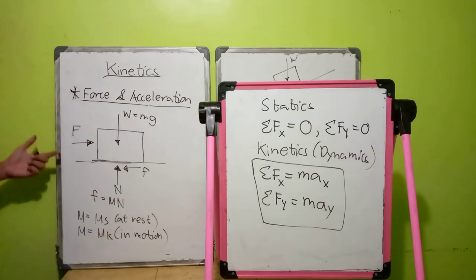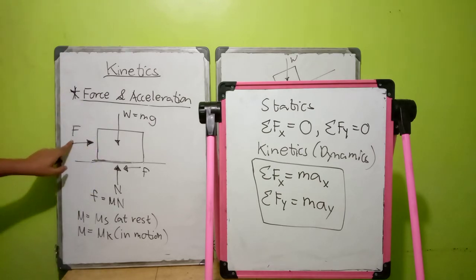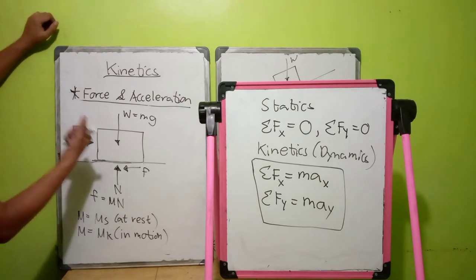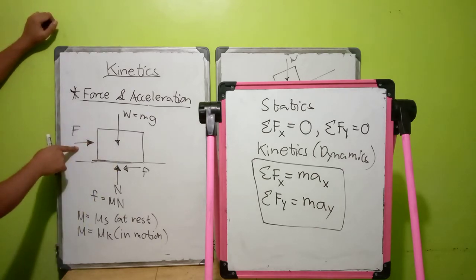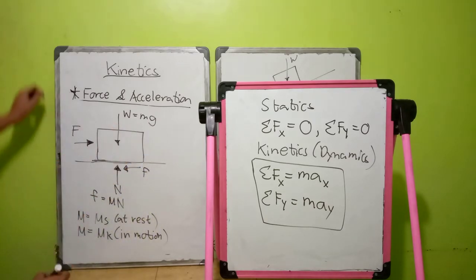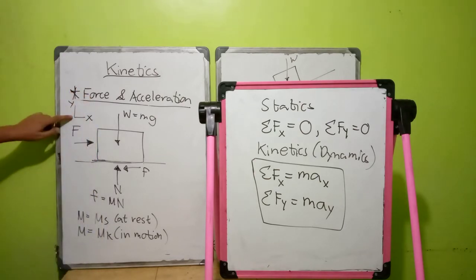We look at this drawing. Your force that you attempt to apply in order to move this block is this. So therefore, in this direction, let us say this is your x and your y-axis.